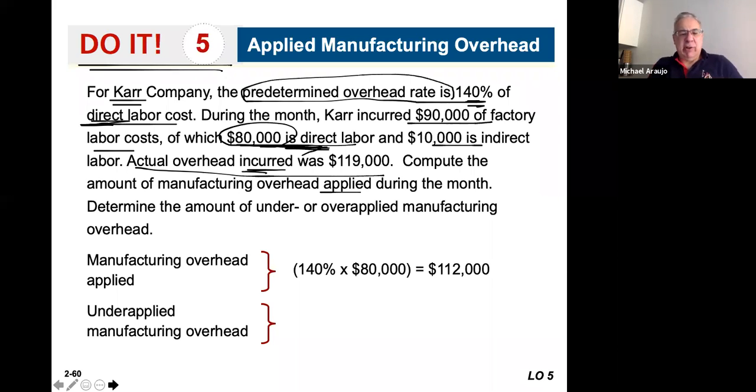So what actually happened, the applied piece. I'm sorry, what we were expecting to happen, was that we would have $80,000 of direct labor, and 140% of that would be allocated as manufacturing overhead, which means that 112,000 was what we were expecting to apply.